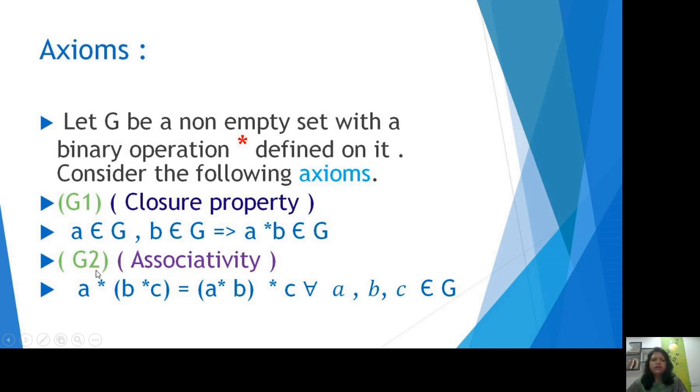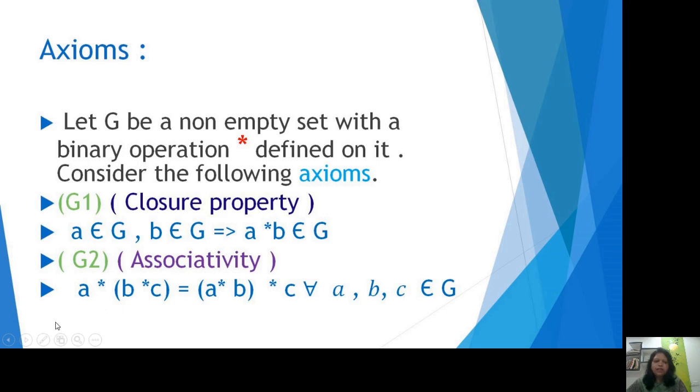Now second, we denote it as G2, and it is called the associativity property. So what is this associativity property? a star (b star c) is equal to (a star b) star c, for all a, b, c belonging to G. What is the meaning of this property?